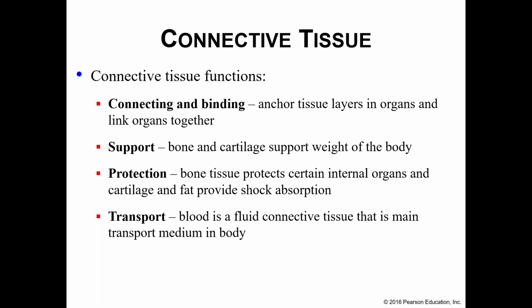We have protection, so your bones protect your internal organs. For example, your skull protects your brain. We also have cartilages and fat that provide shock absorption every time we move. And then transport. So your blood, for example, transports nutrients, oxygen, waste products through the blood itself throughout your body. So our functions are a little all over the place here.